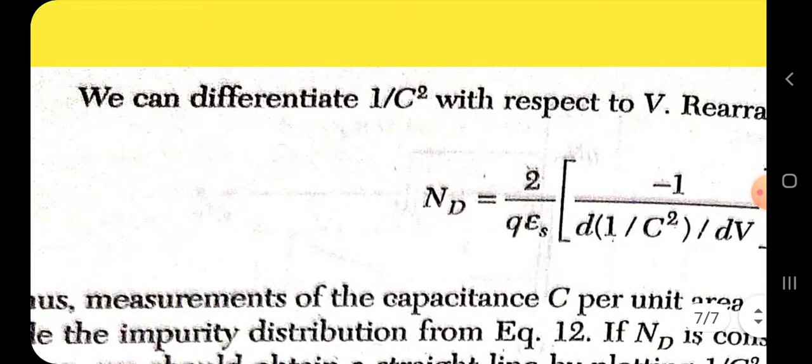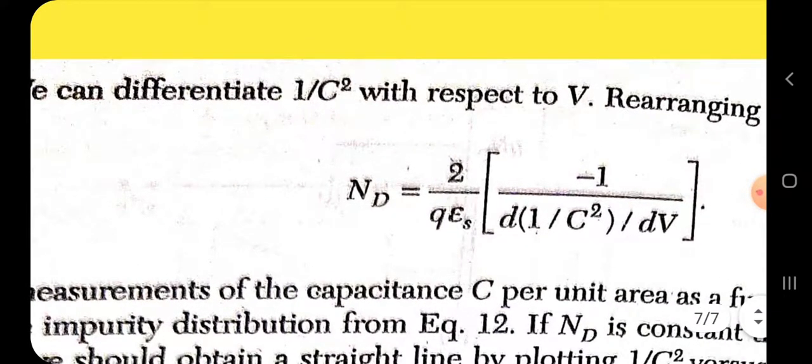Nd is equal to 2 divided by q epsilon s times 1 divided by d by dV of 1 by C square. The measurements of capacitance C per unit area as a function of voltage can provide the impurity distribution.